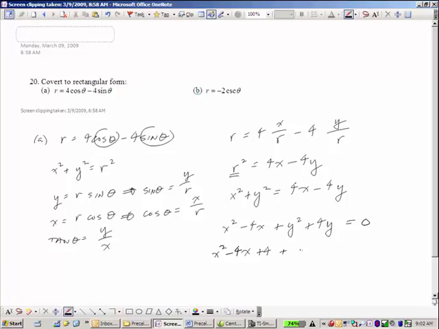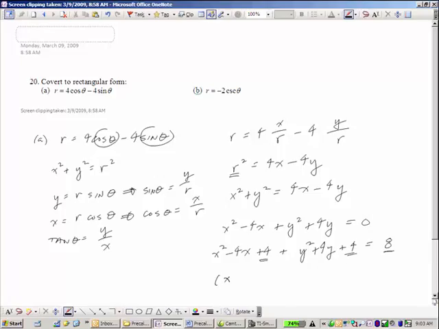And to complete the square for y squared plus 4y, half of 4, square it. I can't just add 8 over here unless I add 8 over here. So this 4 and this 4 complete the square, and that 8 makes it even.